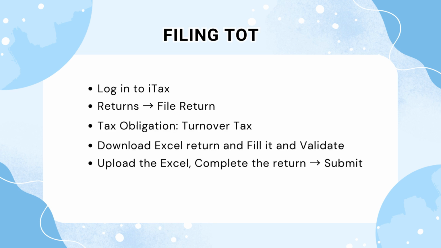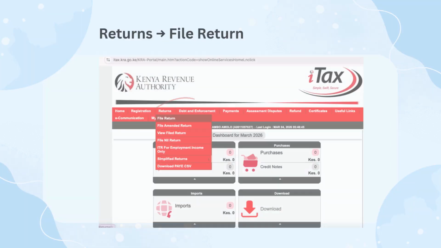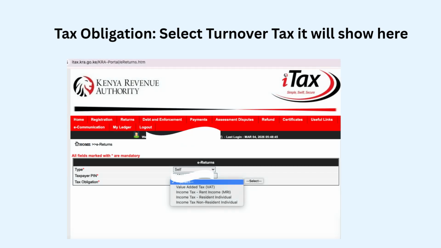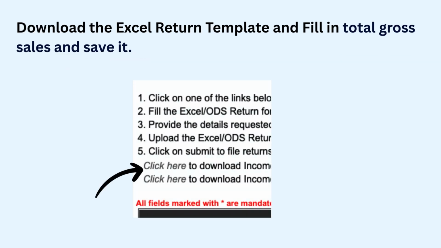So after registration, the next thing you need to do is file your TOT return every month without fail. So this is the simple process. Log into your iTax portal again, then go to Returns menu, then select File Return. Then choose Turnover Tax. Then it takes you to this section. Download the Excel return form and fill it.